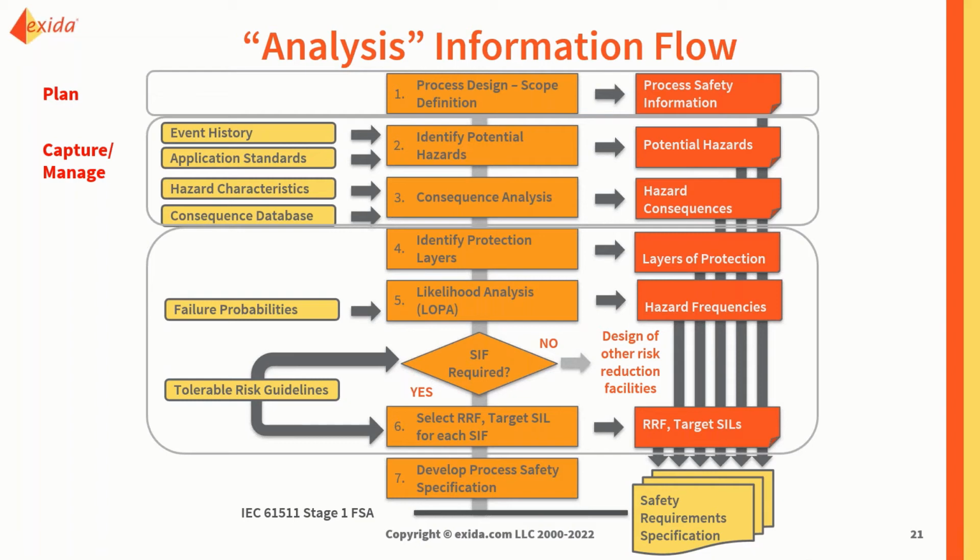The SIL level is basically the burden that you're going to put onto your SIF, specific for this particular consequence with the hazards, by subtracting all the other risks that are shared by other safeguards. And there is also a concept in terms of how much tolerable risk you need to have.